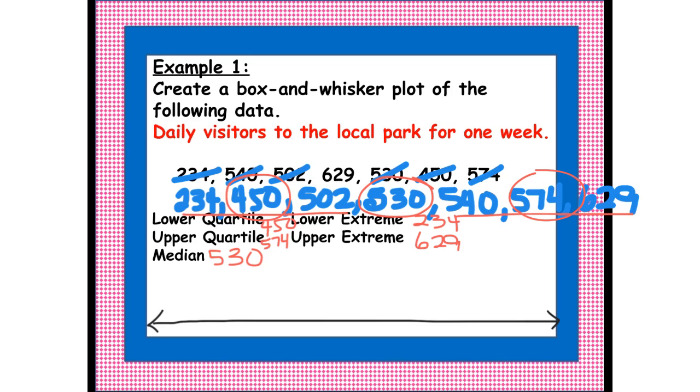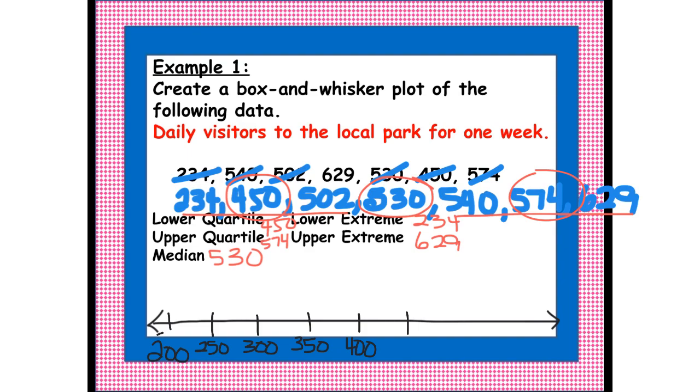Okay, so I'm going to count by 50s because otherwise I'm going to have a ton of numbers to write down. So my smallest number was 234, so below that would be 200, 250, and I know even with this I'm going to have to write my numbers small to make them all fit. 300, 350. Notice I'm trying to put my tick marks about the same distance apart.